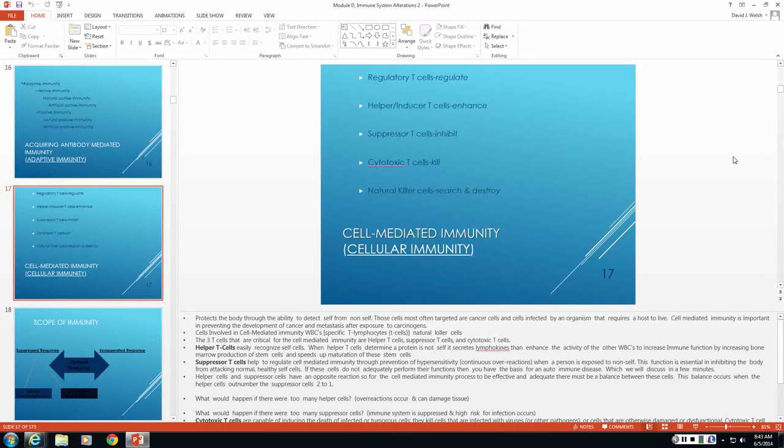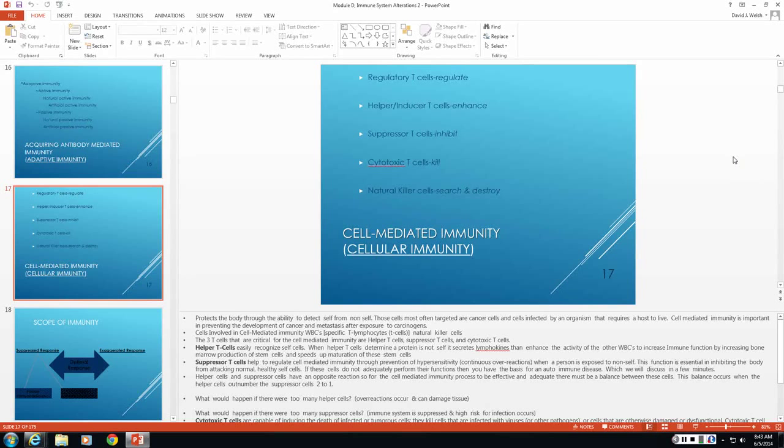Now, the 3 T cells that are critical for cell-mediated immunity are the helper T cells, the suppressor T cells, and the cytotoxic T cells. Now, your helper T cells are going to recognize self cells.